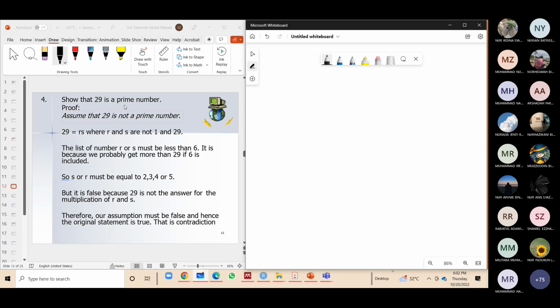First, we have to make a contra assumption. So what is our contra assumption? The statement says 29 is a prime number, so our assumption will be that 29 is not a prime number. Can you understand?